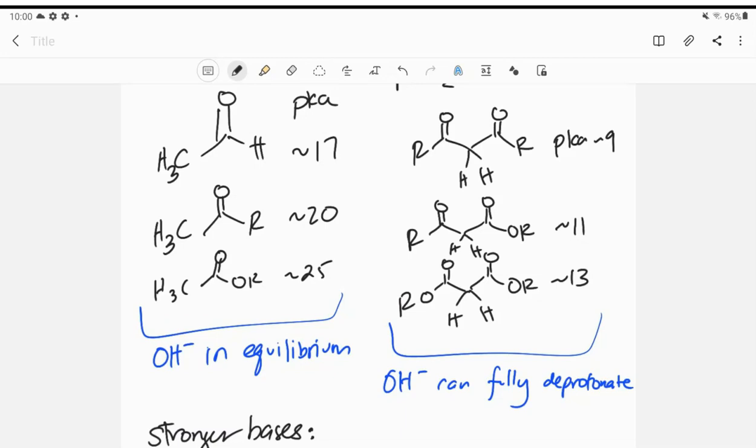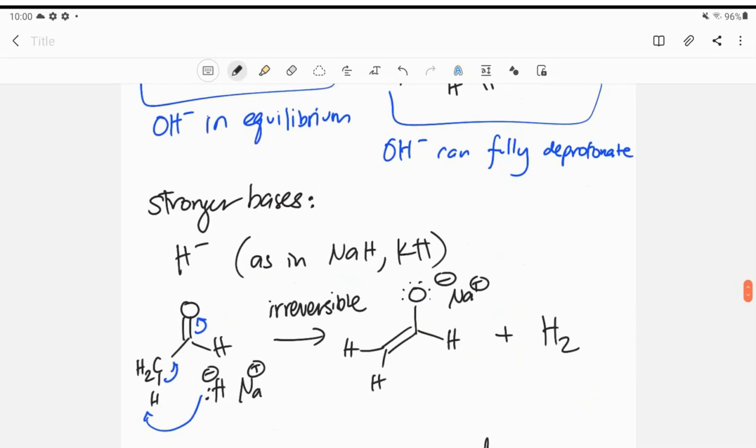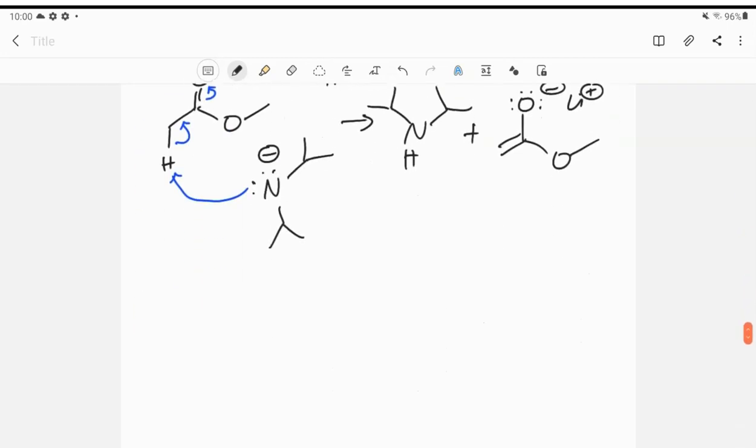If you use a monocarbonyl species, you're going to typically need a stronger base if you want it irreversibly removed. If you're okay with it in equilibrium, then you can use hydroxide. Although typically, again, we're not looking at that too often. So let's take a look at what that might look like.